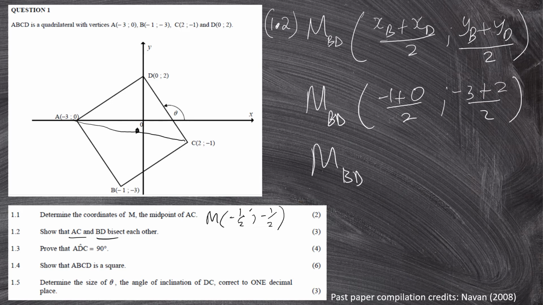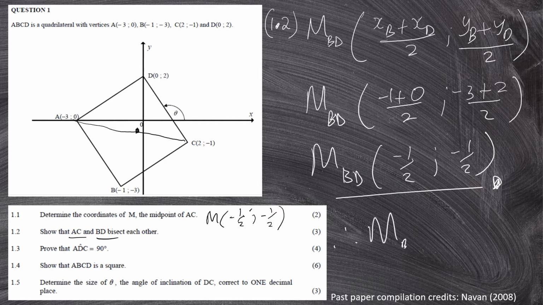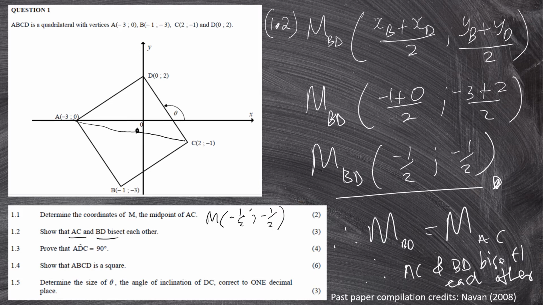So our midpoint will be minus 1 plus 0 over 2 is minus 1 over 2. Minus 3 plus 2 over 2 is minus 1 over 2 also. Can you see now we can conclude that the midpoint of BD is the same as the midpoint of AC. Therefore, AC and BD bisect each other because they have the same midpoint.